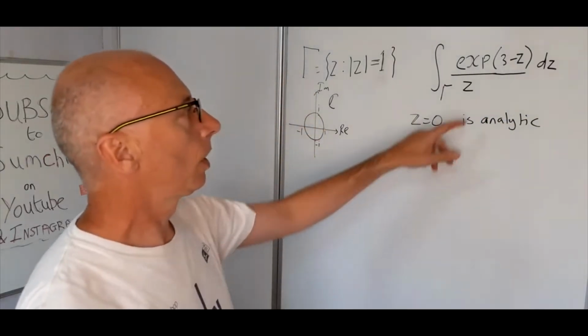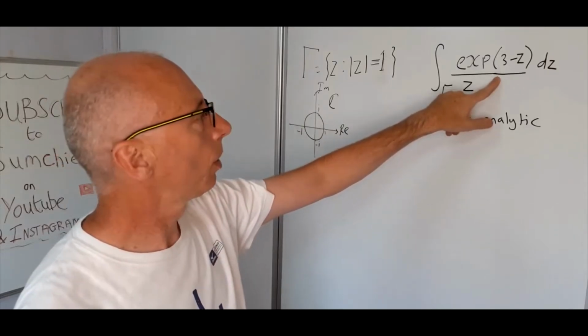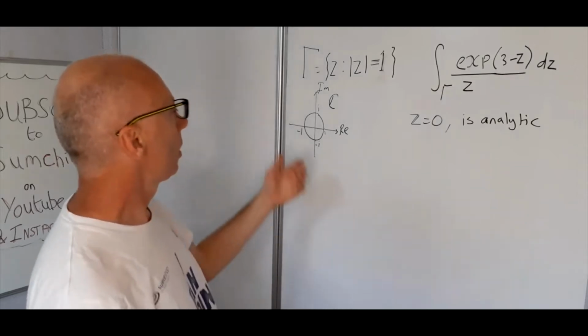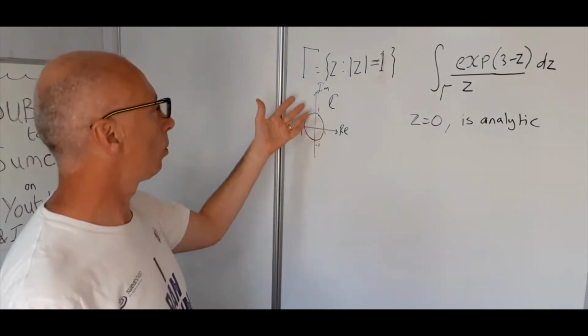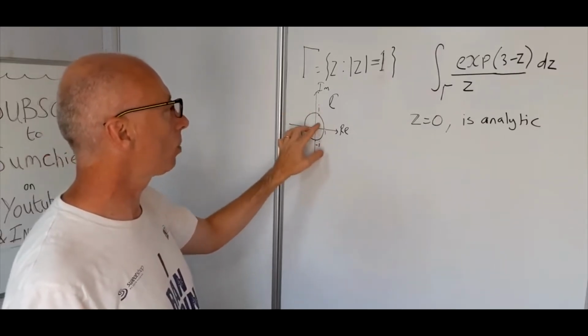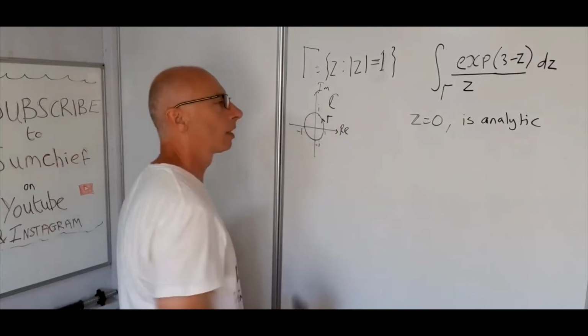So if we substitute in z equals 0, we can find a solution using Cauchy's integral formula. We've already looked at the rules for this. The complex plane is a simply connected region, and we've got a closed contour here, gamma.